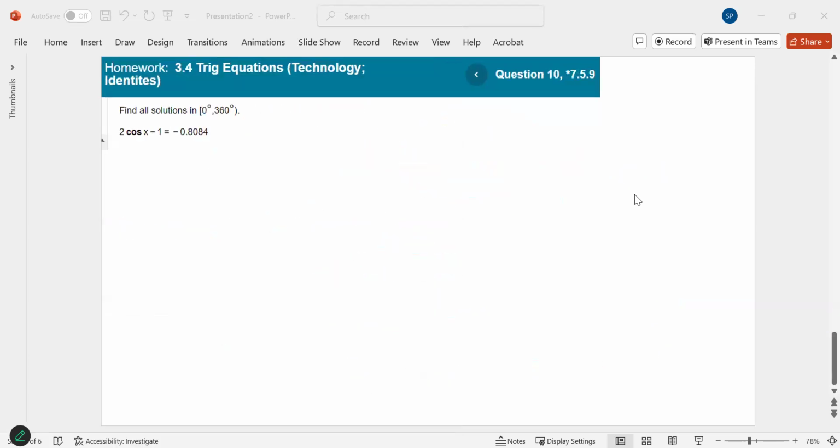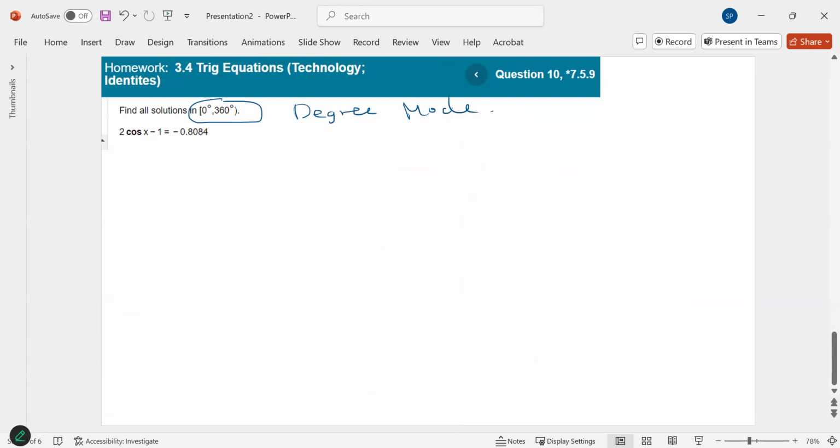Okay, let's look at another one. This is 2 cosine x minus 1 equals negative 0.8084. This time we have to be in degree mode because it says solutions must be from 0 degrees to 360 degrees. So just watch out for that.